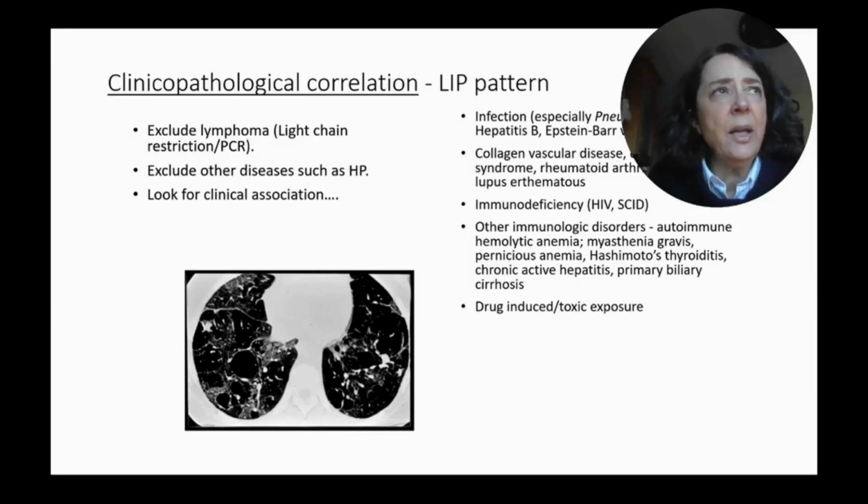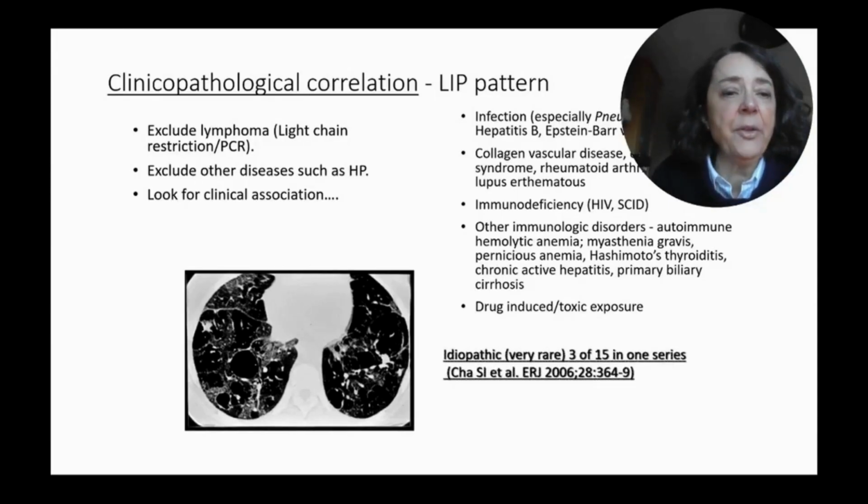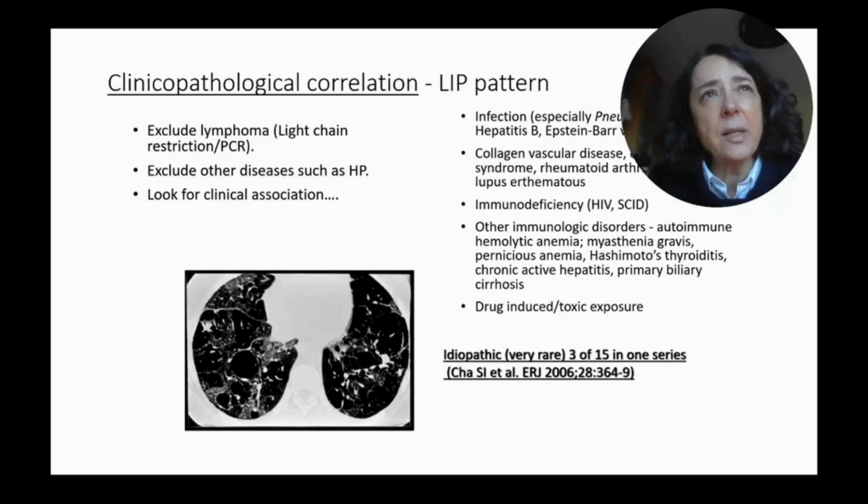So LIP was considered in the last classification a very, very odd entity, idiopathic, and they even started thinking of just eliminating this entity because they thought it was too rare. Idiopathic, very rare. This is one of the papers.